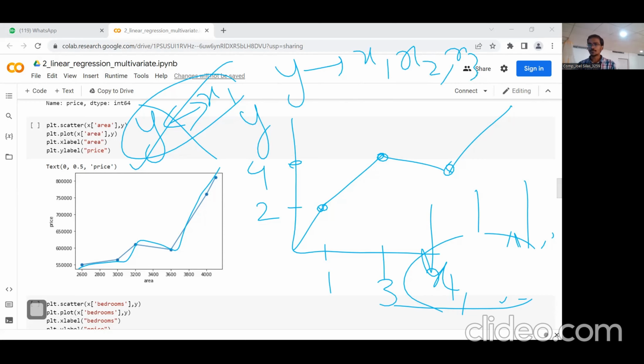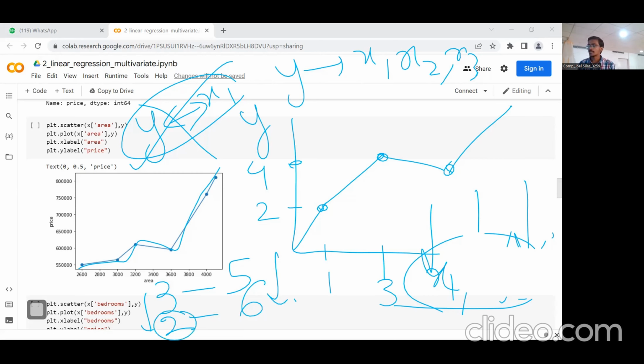So there may be certain differences. If the area is less, suppose area is 3 square meter, then suppose price is 5. Then in the next case, area is suppose 2 square meter, but price is 6. But if area is lesser, price should also become less. But this does not happen because price depends on other features also.